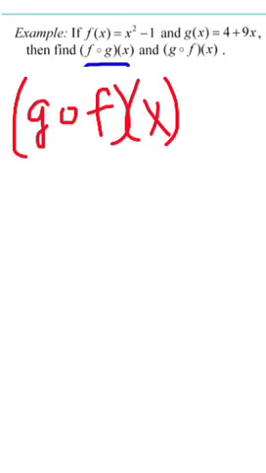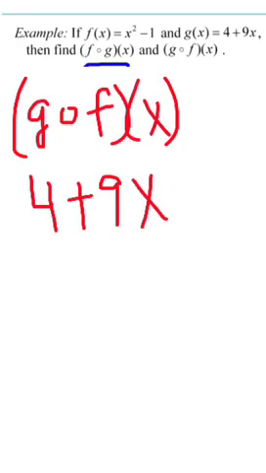So we have g of x, 4 plus 9x, and in place of that x, plug in x squared minus 1.